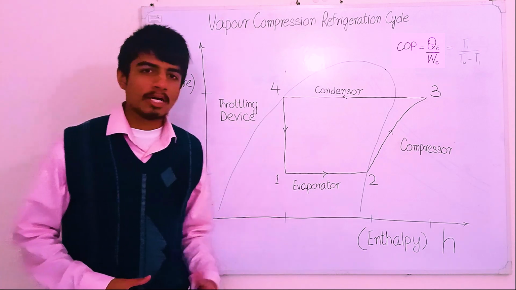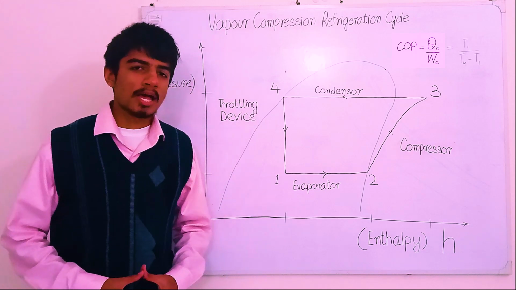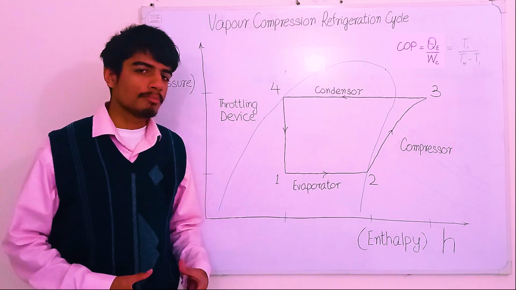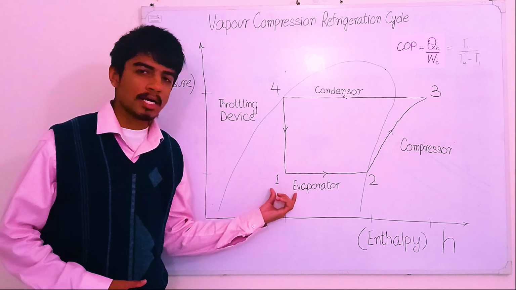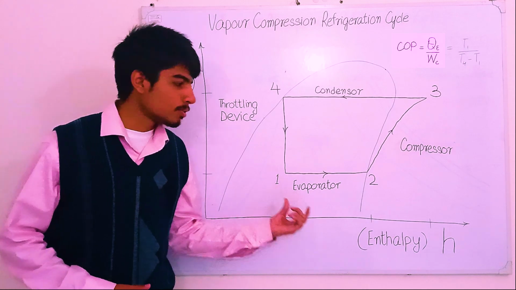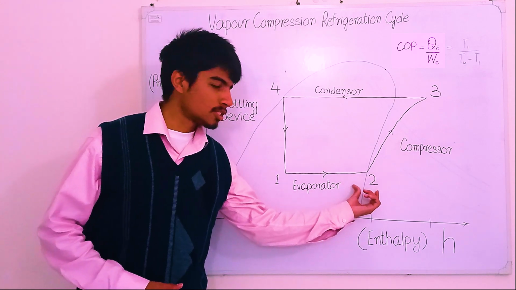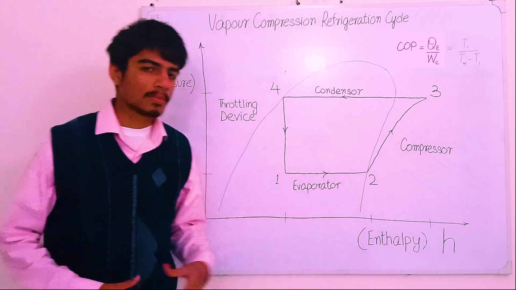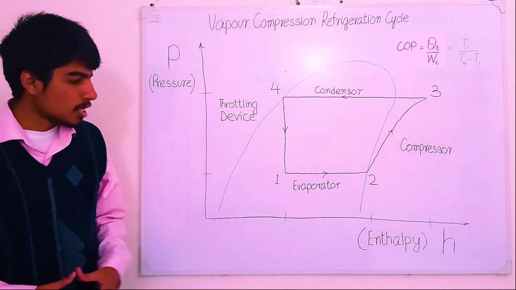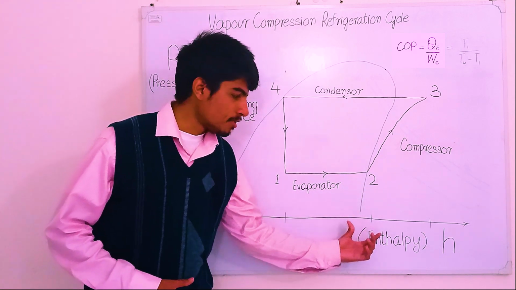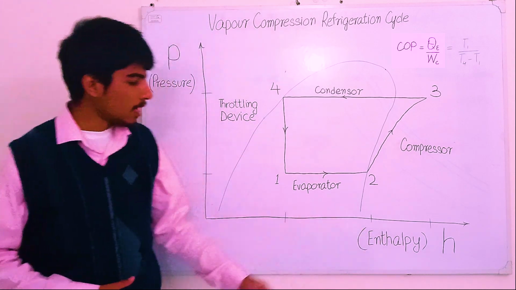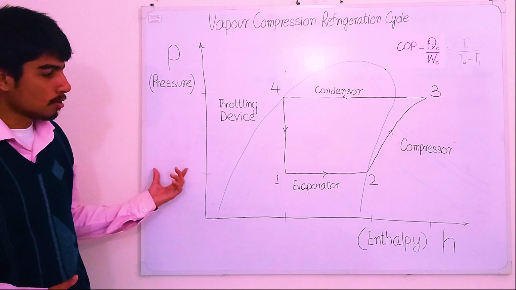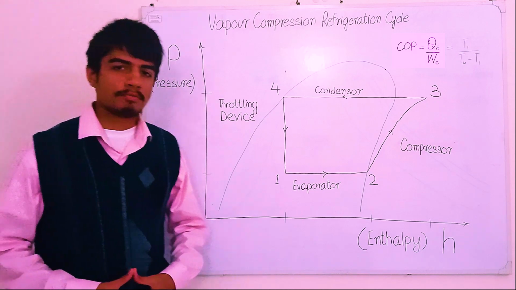As a result of heat exchange, refrigerant absorbs the heat of room air and changes its phase from saturated liquid vapor mixture state to saturated vapor state at the outlet. During this phase change, the enthalpy of refrigerant increases as you can see in this diagram, while the pressure remains constant throughout this phase change.